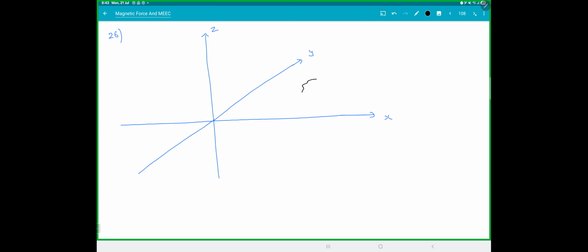We have a random charge sheet. Sigma is your surface charge density. This sheet starts going in the xy plane about the z-axis with omega.